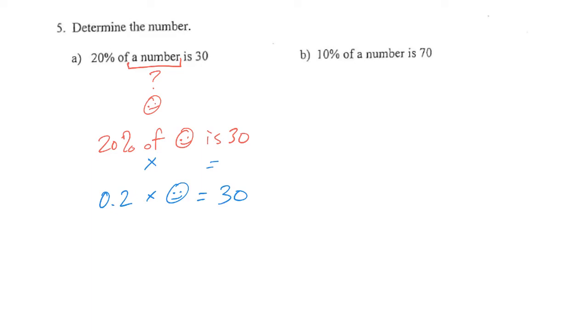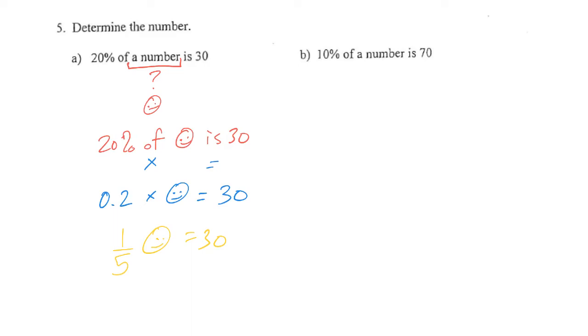And you guys could solve for that. I'm going to bet and say some of you would struggle to solve with that right now. But I bet you some of you could be okay if I changed 0.2 into a fraction. 0.2 as a fraction is 1/5. 1/5 of happy face is 30.